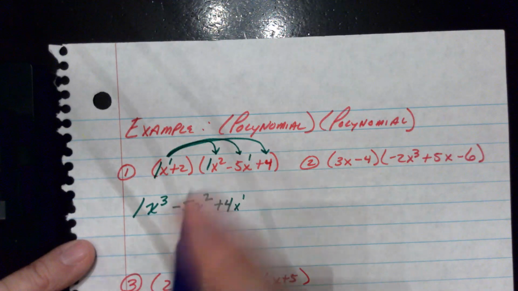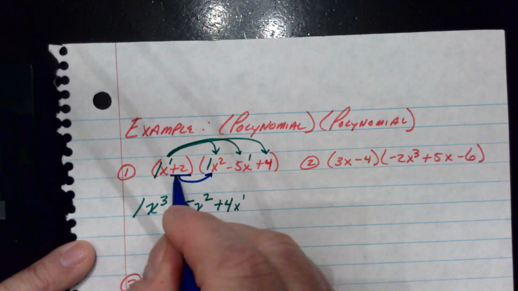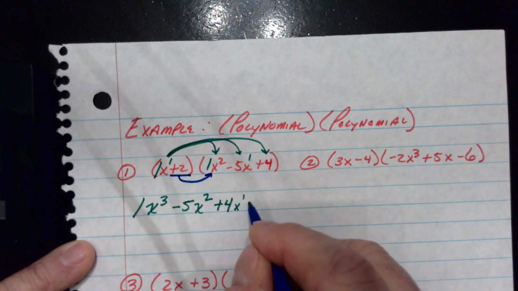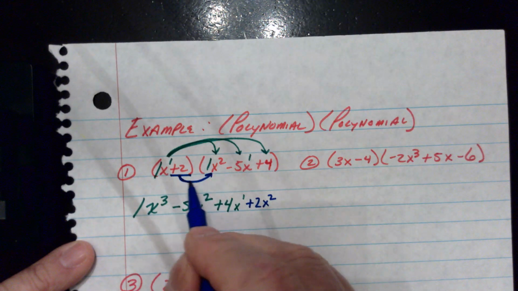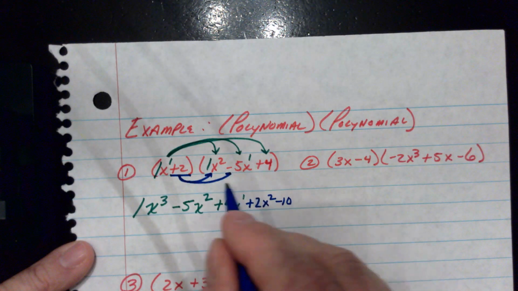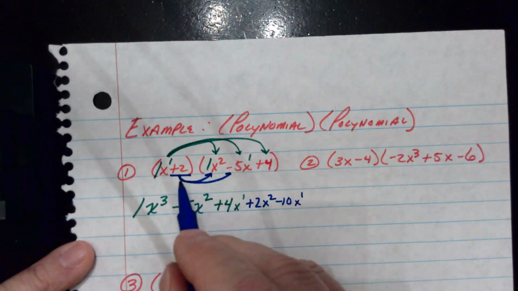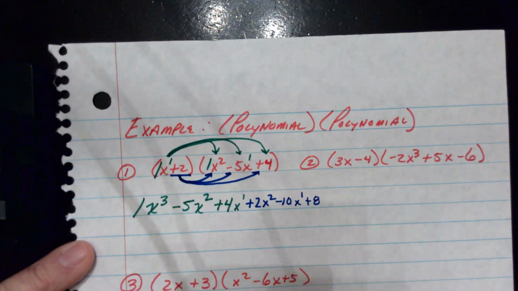Now I'm going to distribute the positive 2 on the underneath side. Positive 2 times 1 is positive 2 times the x squared. Positive 2 times the negative 5 is a negative 10 times the x to the 1st. And positive 2 times the 4 gives me a positive 8.